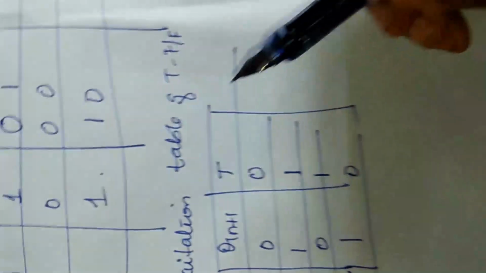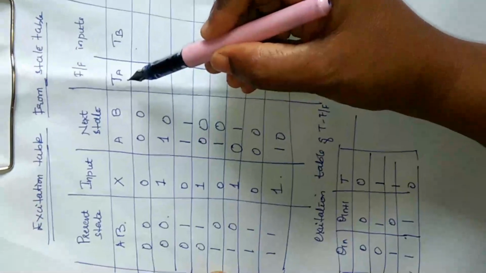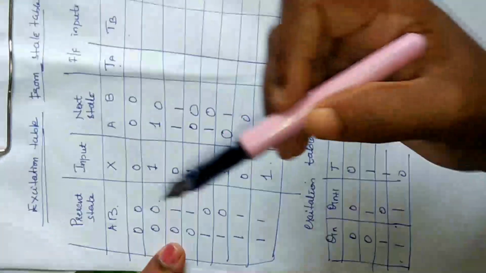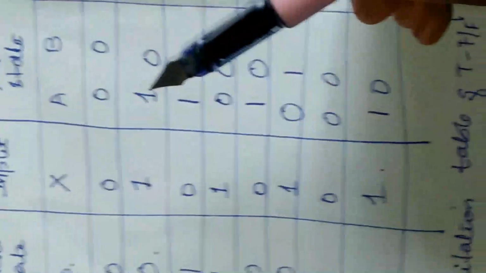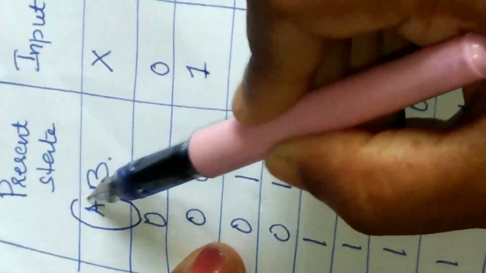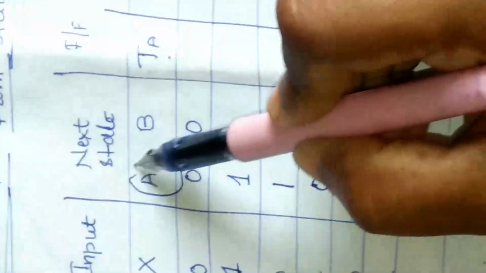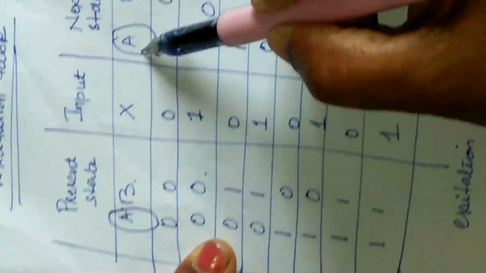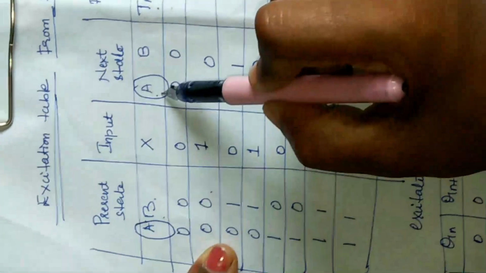Now using this excitation table, listen carefully, how do I fill TA? TA can be filled by considering the present state A and the next state A. These are the inputs for your TA, that is, you can keep your fingers on these two columns.